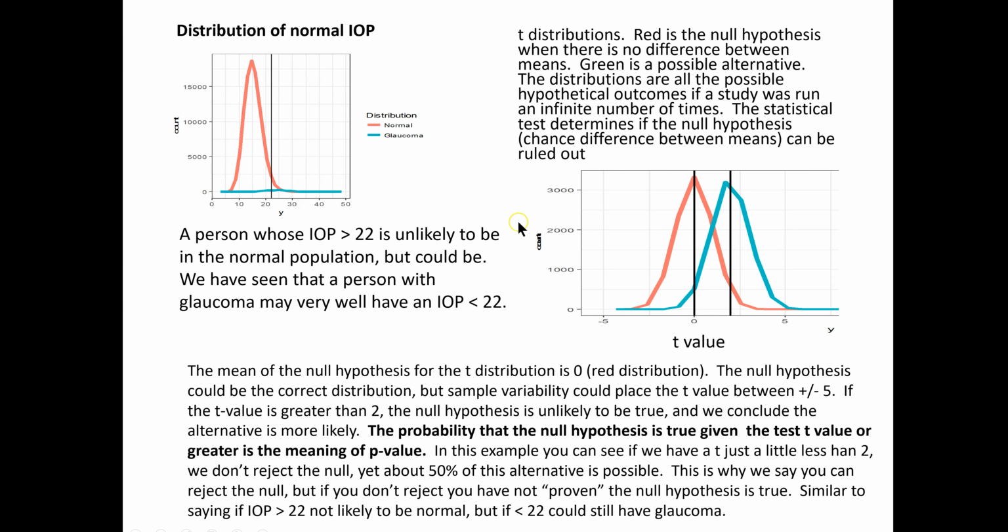So let's think now of this in terms of, let's move our analogy over to a t-distribution. Now, here we have t-values. They go from -5 to +5, actually higher than that, but the mean of the null distribution is 0.